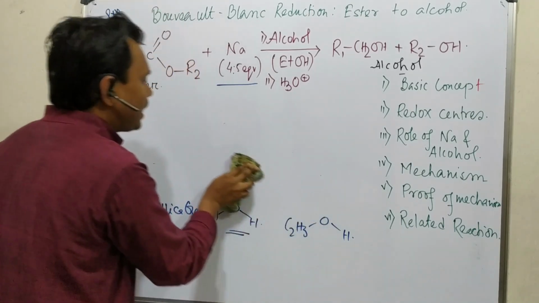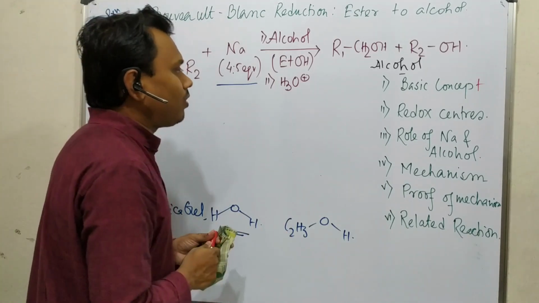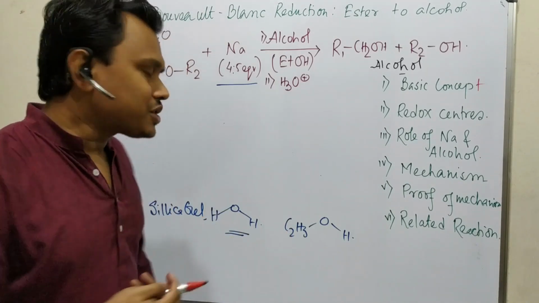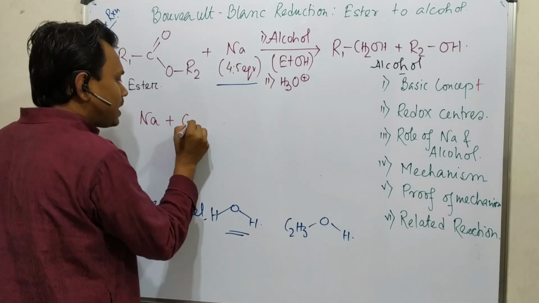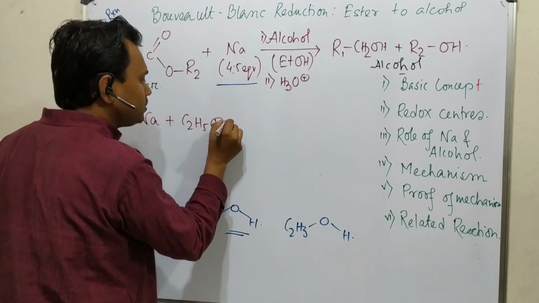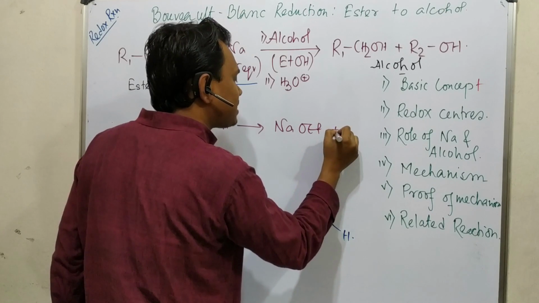Now the role of alcohol. When you see an alcohol, then a question may come, that we have read sodium plus ethanol ultimately produces sodium ethoxide plus hydrogen.